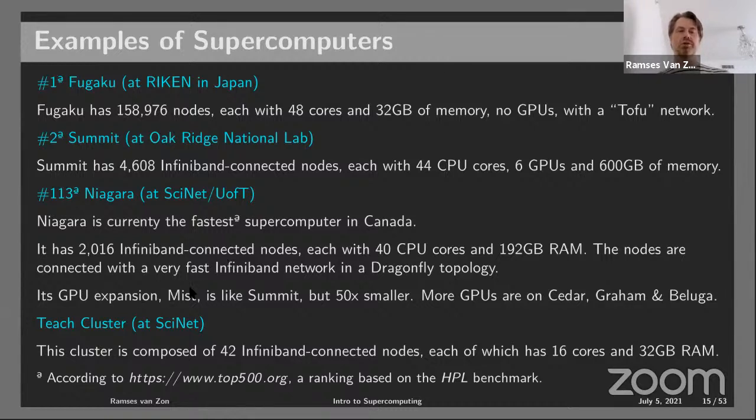We have a small GPU expansion, Mist, which is kind of like a mini Summit. But if you're doing GPU processing and you have something that works well on GPUs, so think of AI or molecular dynamics, maybe Niagara isn't your computer. And so if you're doing academic research, you don't have just access to Niagara. There are other systems like Cedar, Graham, and Beluga, and they have GPUs.